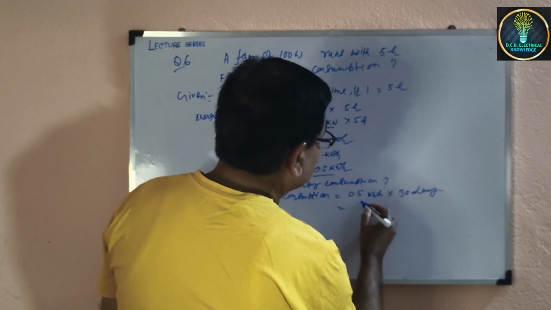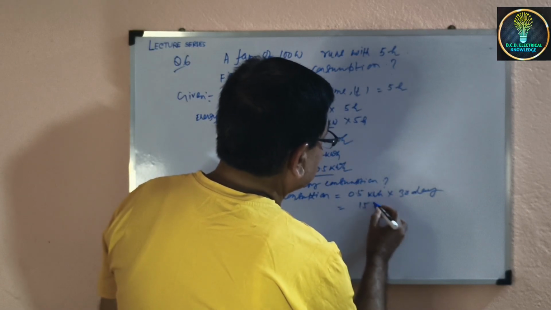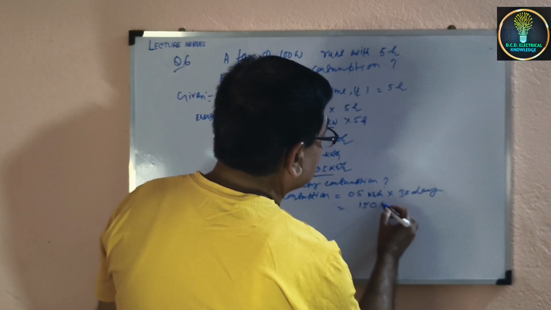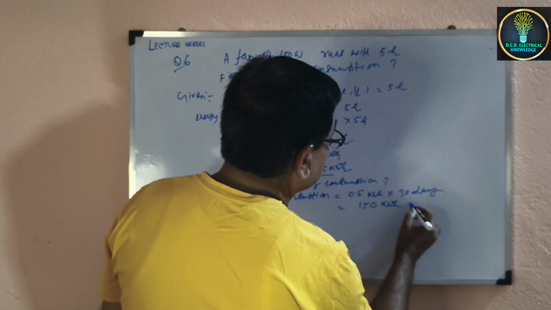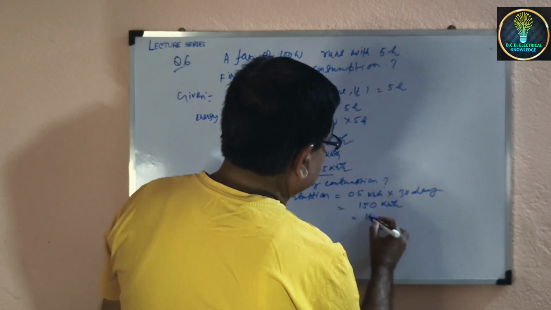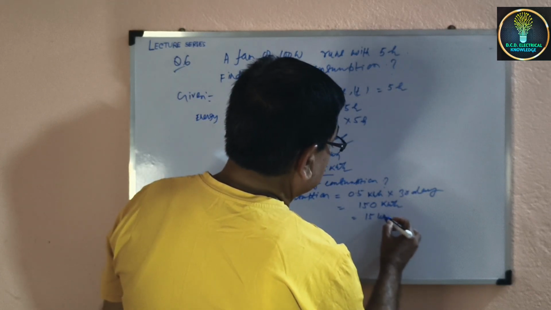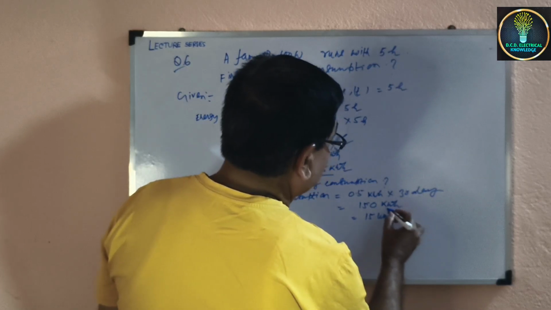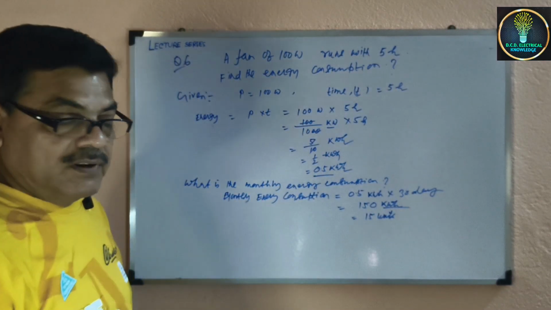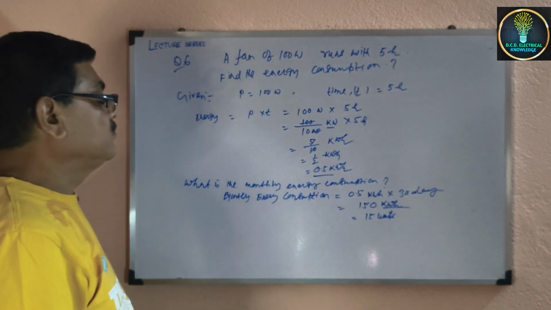So 15 kilowatt hour, that is 15 unit. 1 kWh is treated as 1 unit. Okay.